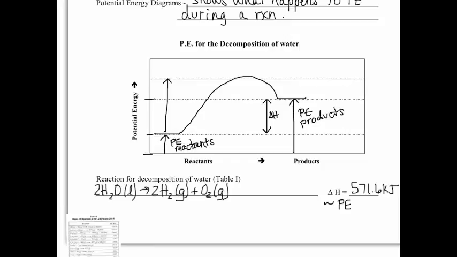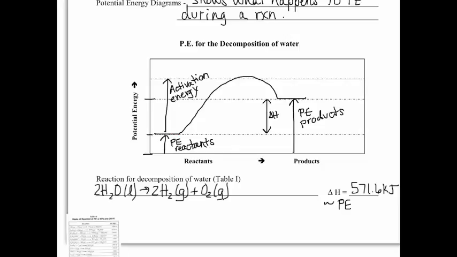And to do that, we have to get to the top of the hill. And we call that the activation energy. It's the energy required to activate our reactions. So this is the activation energy. Note that it does not start at the 0 line. It starts from where we're starting, or the reactant side.